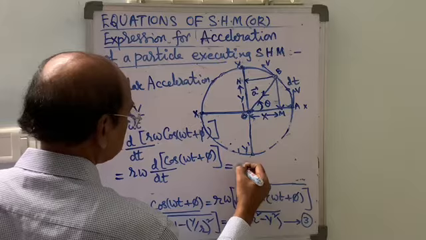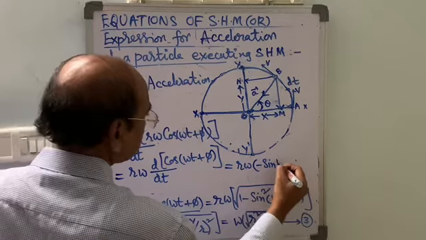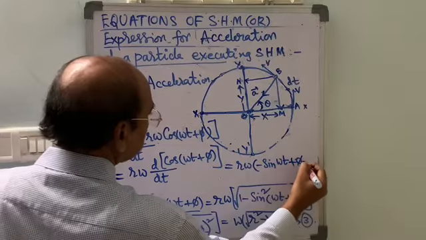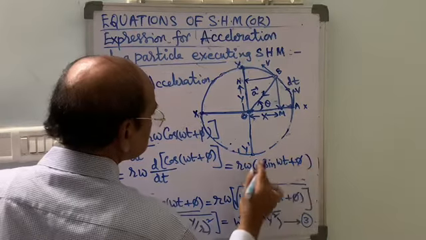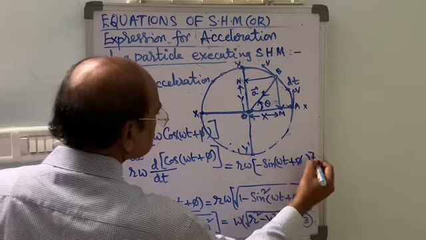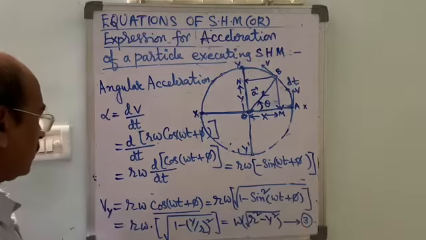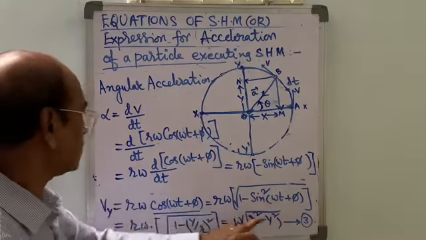Therefore, R omega into minus sin omega t plus phi, by substituting here sin omega t is equal to y by r.